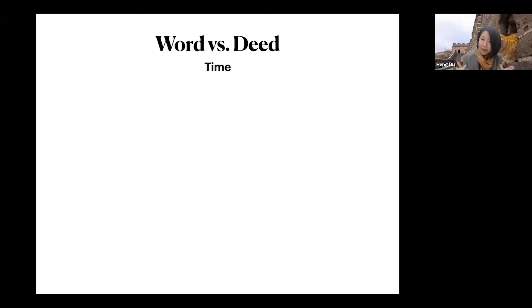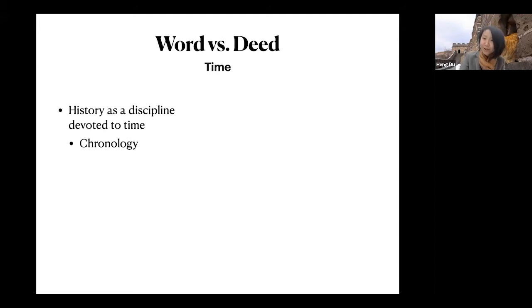So that was one way of thinking about this relationship between word and deed. And I think time is another really interesting aspect of this dichotomy. History is very much one of the disciplines dedicated to the study of time, right? When you think about what historians try to do in a very basic sense, we try to establish chronology, sequence of events, and causation. Also, we're very interested in the dynamics between persistence and change, which are all things that take place in time.